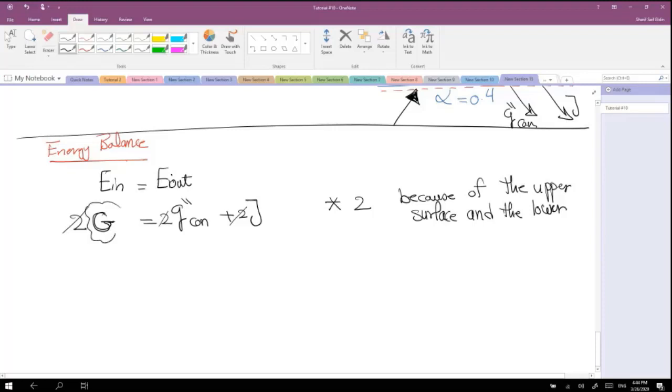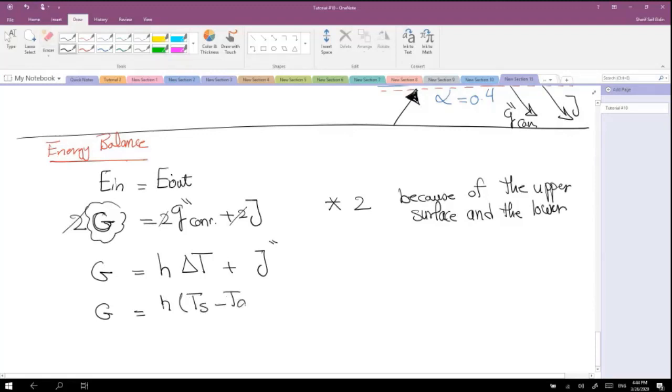All right, so we want G because the problem is asking for that. G is going to be Q double dash convection, which is h multiplied by delta T, plus J double dash. So G is equal to h multiplied by (T surface minus T infinity) plus J double dash. h was 50, all given to you.